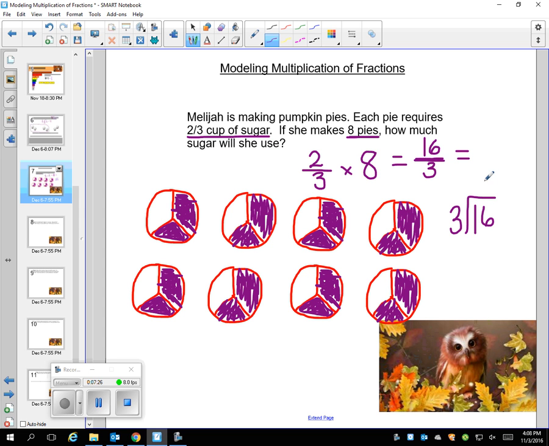Divide that by 3. It goes in there 5 times, so I get to make 5 wholes, but I have 1/3 left over. 5 1/3 cup sugar. Okay?